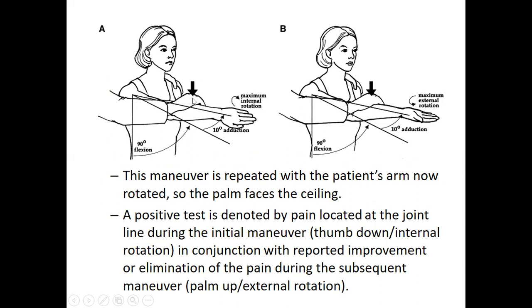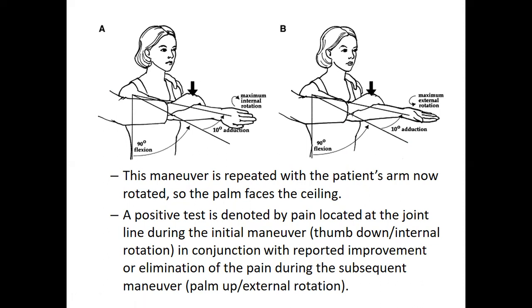The therapist applies the downward force in the same way as in the initial test when the shoulder was internally rotated. A positive test is denoted by pain located at the front of the shoulder during the initial maneuver, thumbs down internal rotation, in conjunction with the reported improvement or elimination of the pain during the subsequent maneuver when the palm was in external rotation.